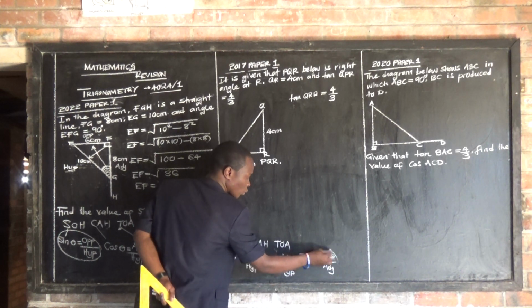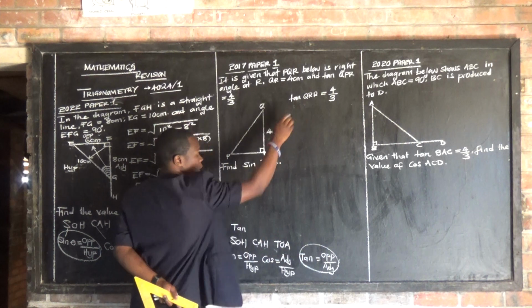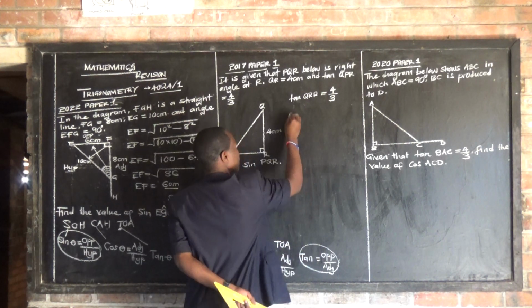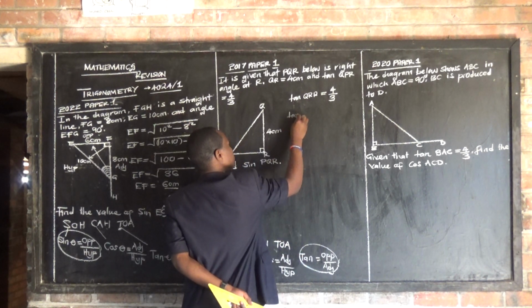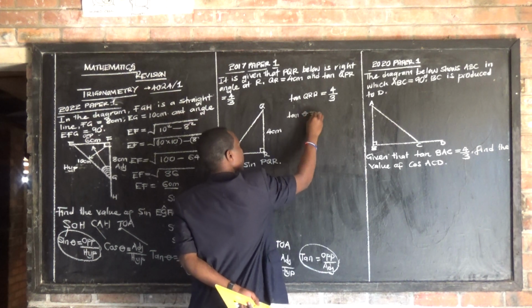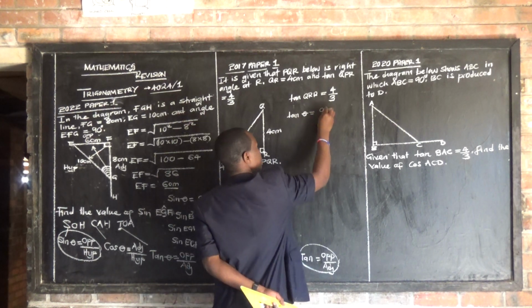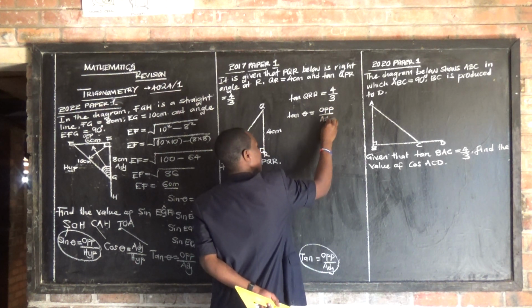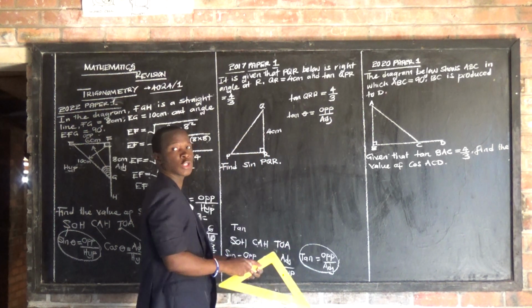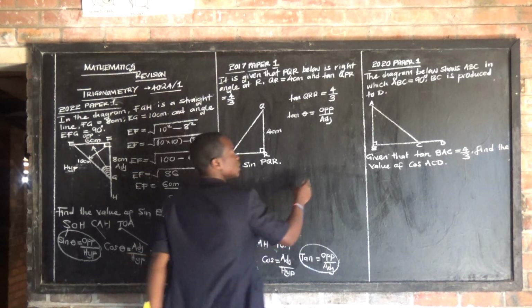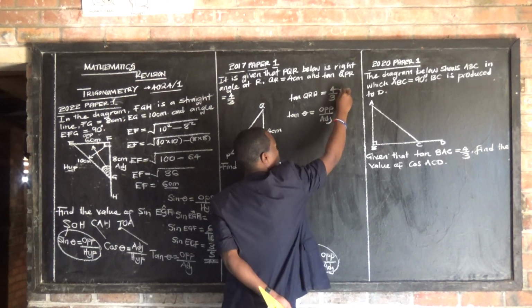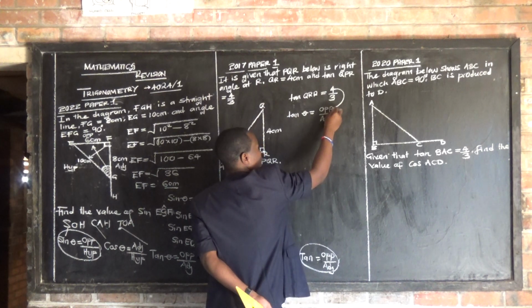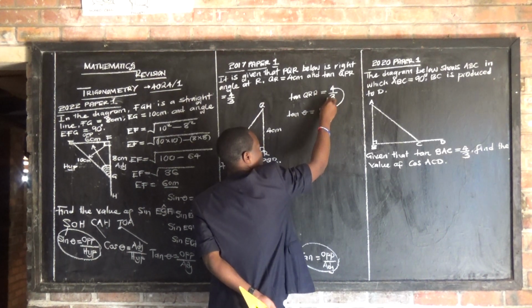Adjacent. So this is what we're talking about in our case. So we're going to say tan theta, we know it is opposite over what, guys? Adjacent. Are we together? So meaning the numerator is the opposite. So our opposite is 4, then our adjacent is 3.